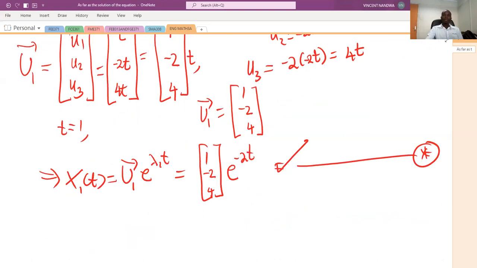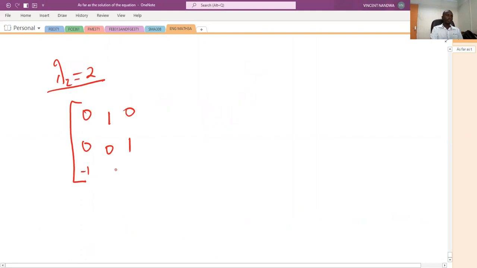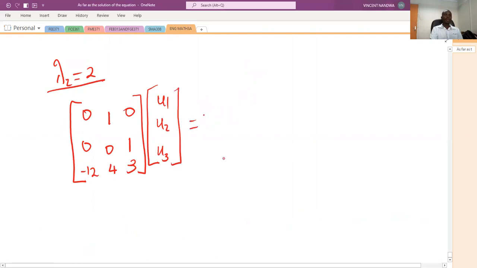And then for lambda 2 equals 2, we'll have the A matrix 0, 1, 0, 0, 0, 1, minus 12, 4, positive 3. The vector will still be u1, u2, u3 equals 2 times u1, u2, u3.